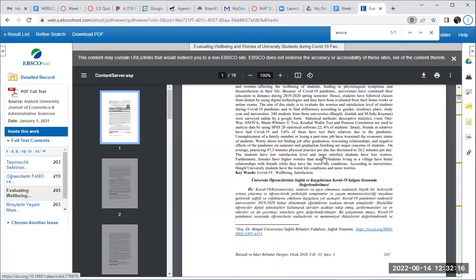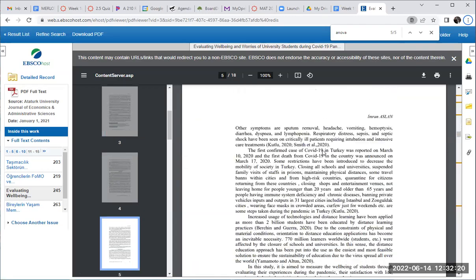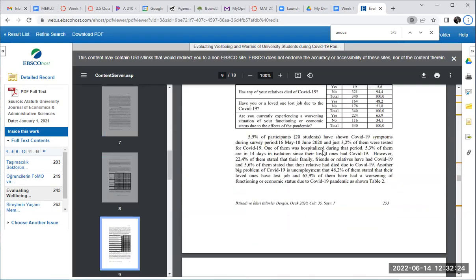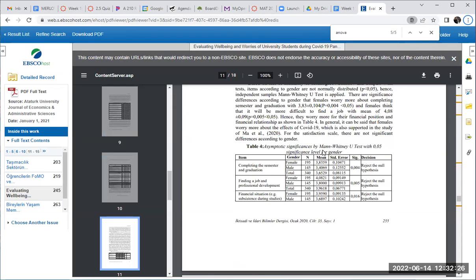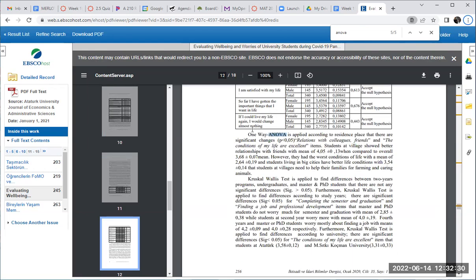Okay, I'm not going to read this whole thing because it would go on and on. But when you get to the results, I think that was this last one. They say one-way ANOVA is applied according to residents' place, that there are significant changes.